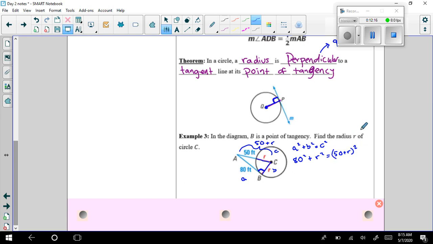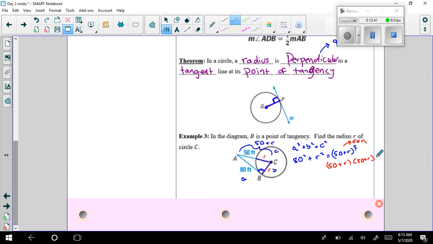Do not distribute this. This needs to be FOILed. And so we take 50 plus r times 50 plus r. And we distribute that through.